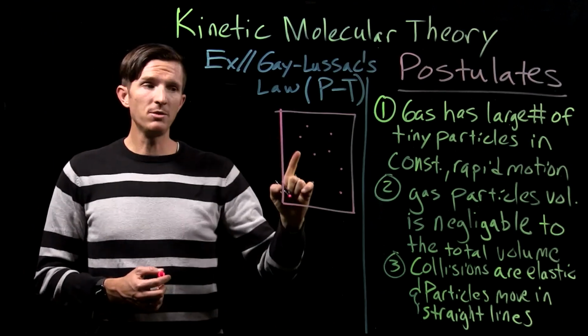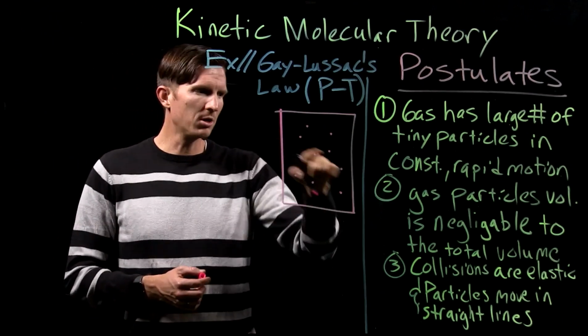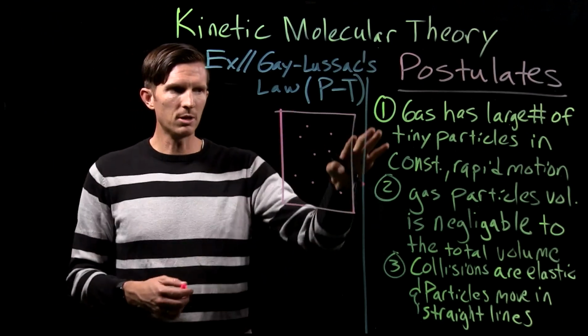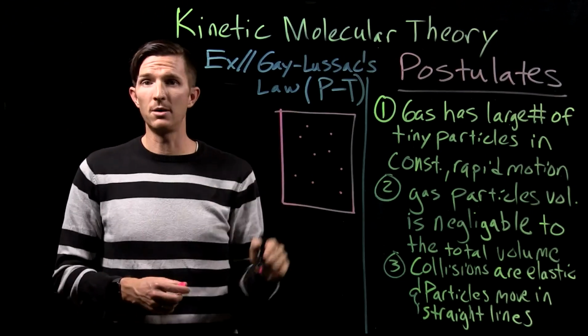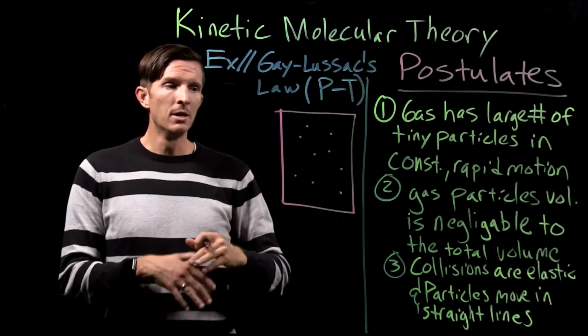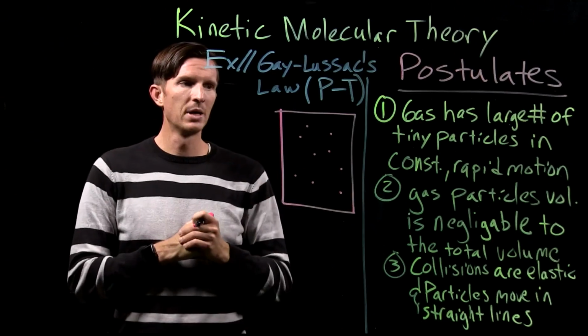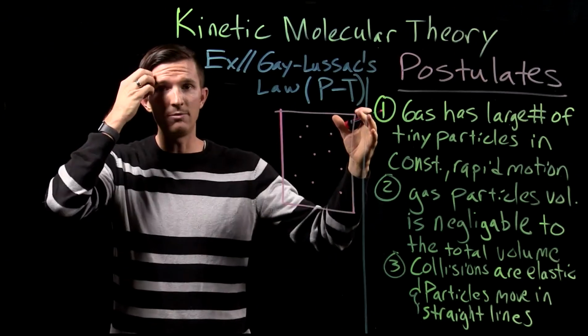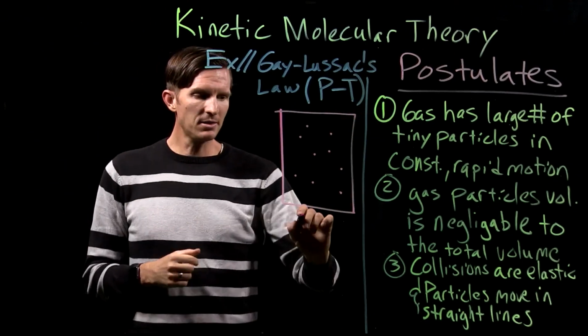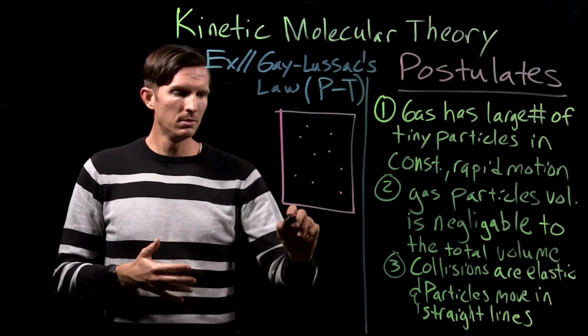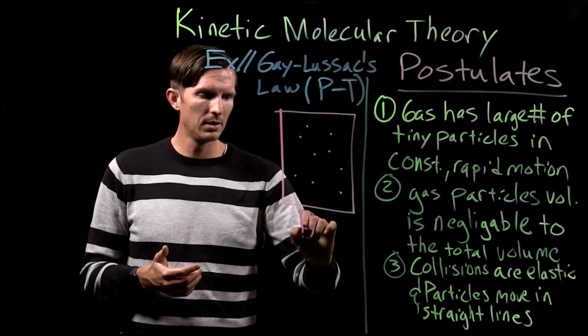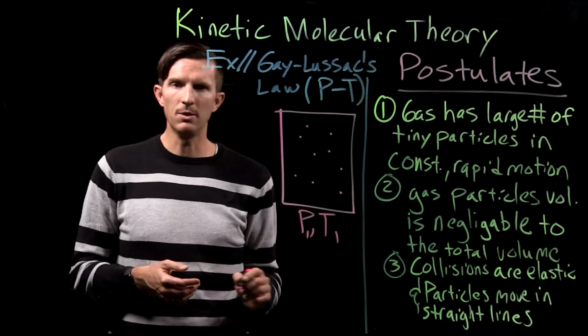Now one of the postulates, number 2, says the volume of these gas particles is negligible compared to the total volume that they're occupying. So that means they don't really contribute to the total volume of this container, just the fact that they're really far apart from each other. This is at a specific pressure called P1 and a specific temperature, T1.